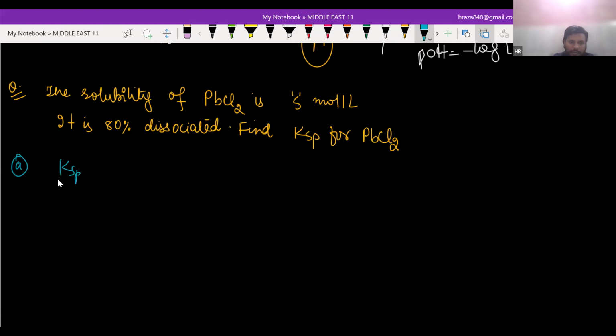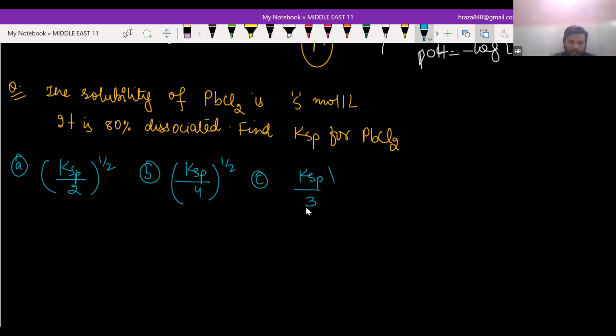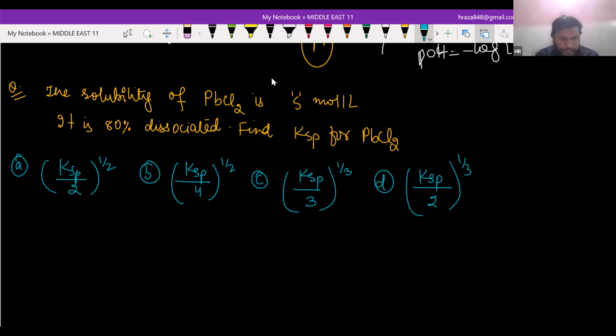A is Ksp upon 2 raised to the power 1 by 2. B is Ksp upon 4 raised to the power 1 by 2. C is Ksp upon 3 raised to the power 1 by 3. D is Ksp upon 2 raised to the power 1 by 3.